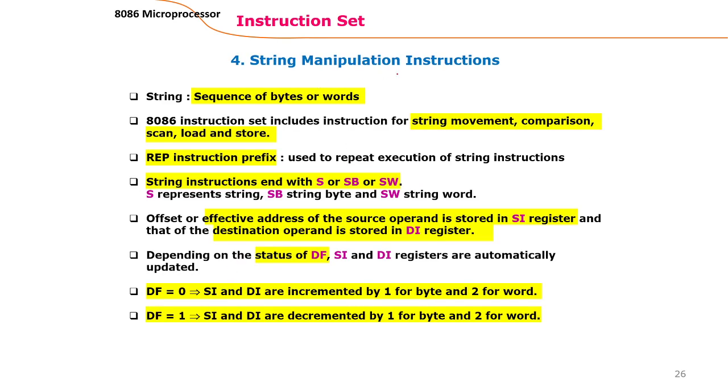Next is string manipulation instructions. Here a string basically indicates a sequence of bytes or words. That means if memory is there, there are different 1 byte spaces. Suppose this is 1, 2, 3, 4, 5, 6.